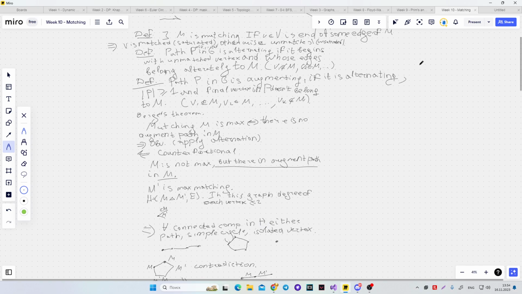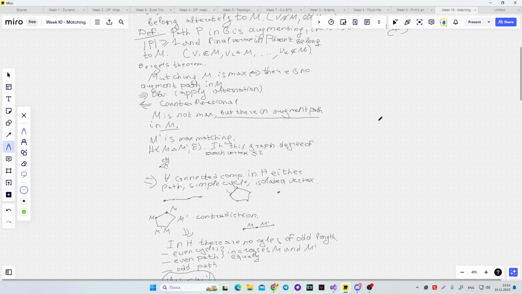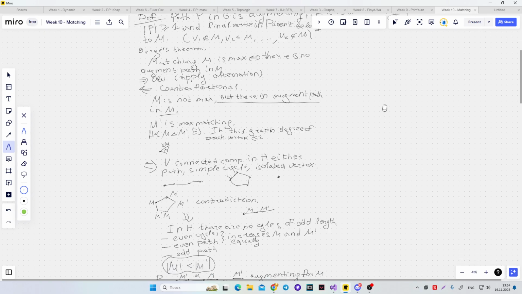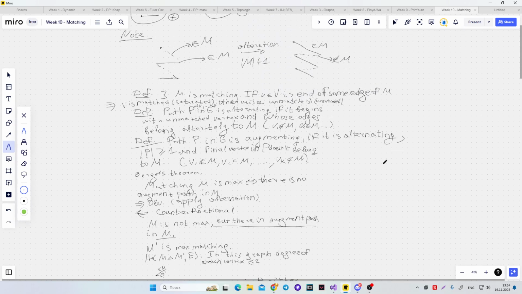Then we considered what an augmenting path and an alternating path are, and Berge's theorem that helps us to find maximum matching.